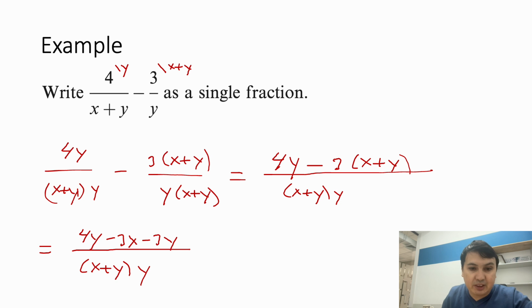Now I see that I have 4y and minus 3y. I can simplify them, so 4y minus 3y becomes just y, minus 3x. Here I have x plus y multiplied by y.